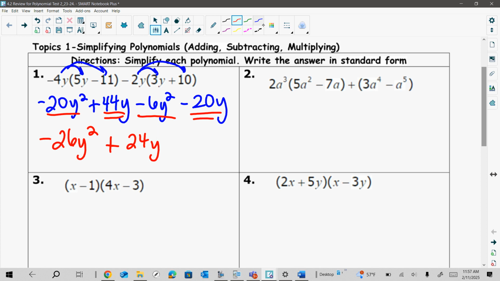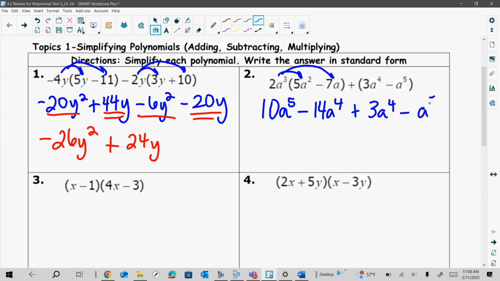Like on number 2, you will need to distribute first. When you multiply, you add the exponents. You don't when you just combine like terms. So this is 10a to the 5th power minus 14a to the 4th power. Then I'm just adding my 3a to the 4th minus a to the 5th.